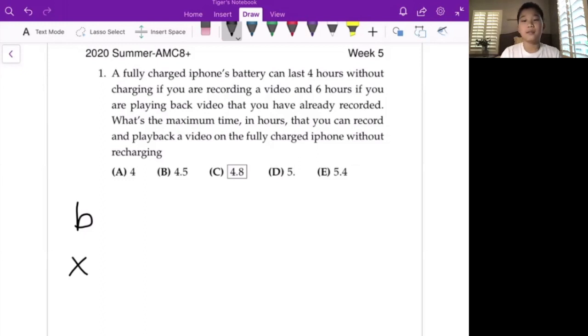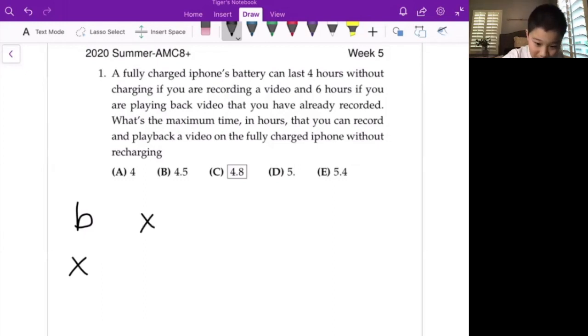So let's think of how much battery recording the video should use. If the video's 4 hours, it will use the battery completely. So if the video's X hours, then what would happen? Well, think about it. X out of 4 of the battery will be used.